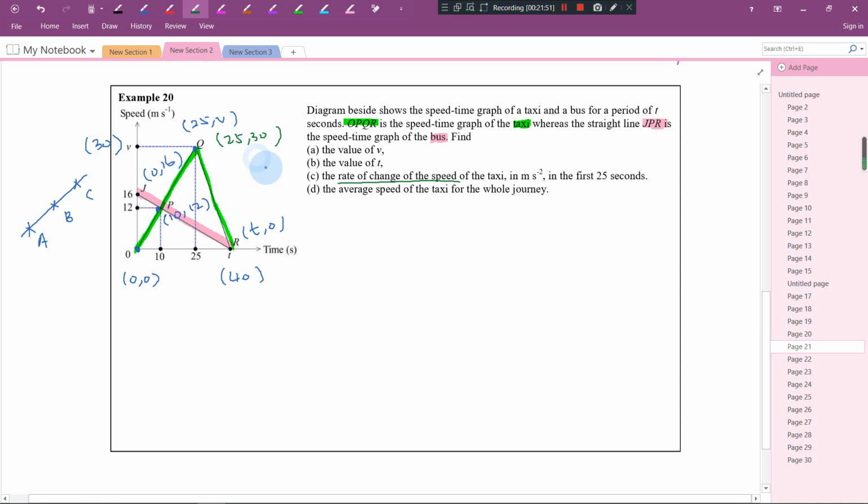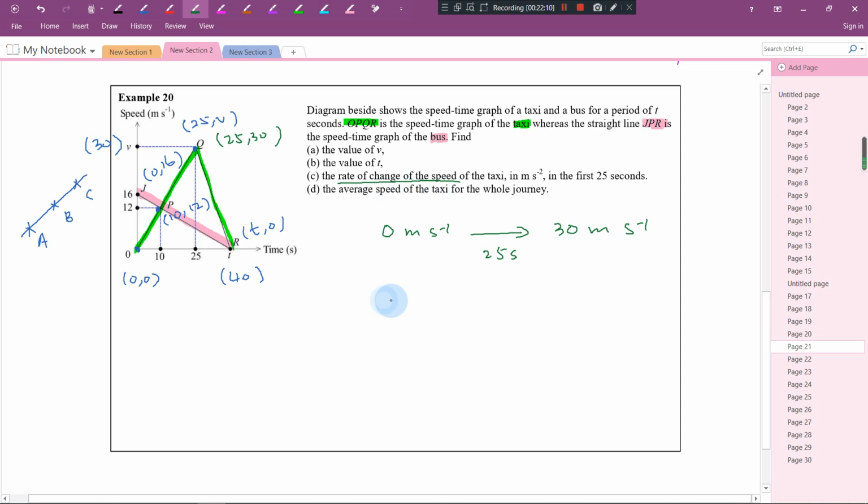Or if you don't want, you can think another way, like this is 0 meter per second, accelerating to become 30 meter per second using 25 seconds, right?